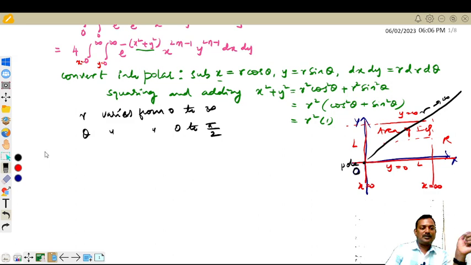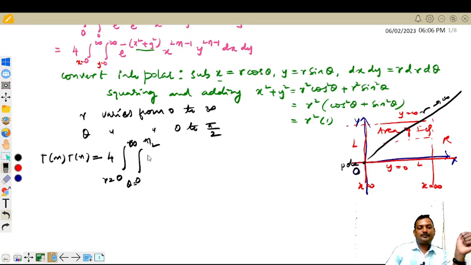So therefore, the LHS, that is gamma of m into gamma of n, is equal to 4 times the integral, r runs from 0 to infinity, sorry, and theta runs from 0 to pi by 2. And you just substitute here e raised to minus x square plus y square, which is r square.